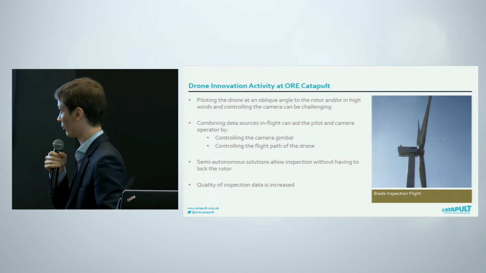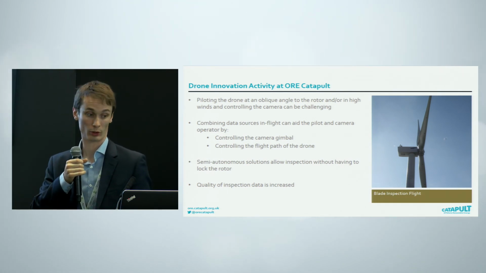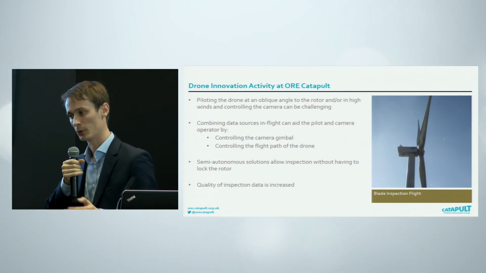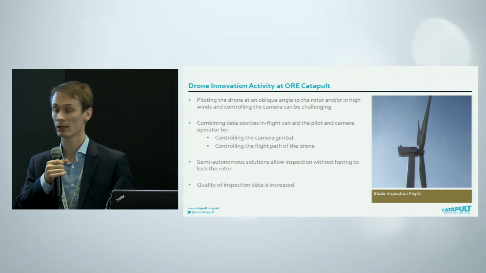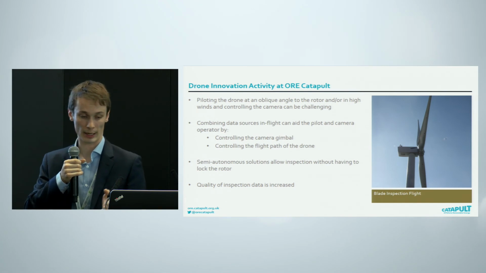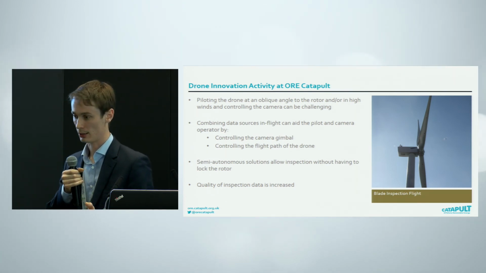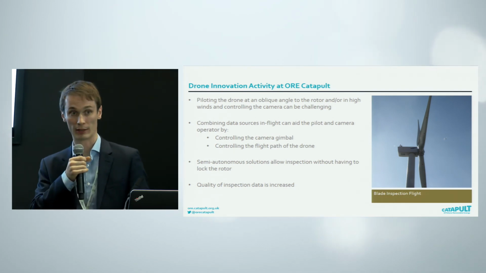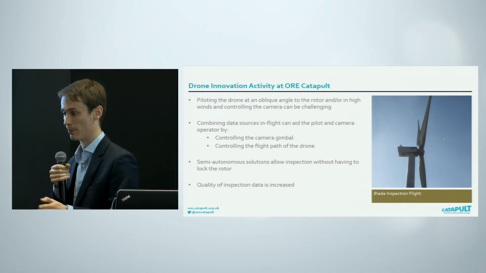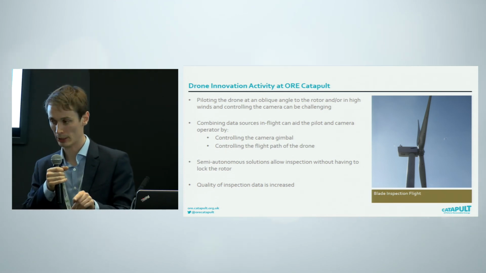But to take that a bit further, what can be done in the future is if we can get a link between the drones themselves and the turbine whilst it's actually flying, then we can do all this in real time. And it will allow us to do things a little bit more clever with the flight, like autonomously pointing the camera gimbal.